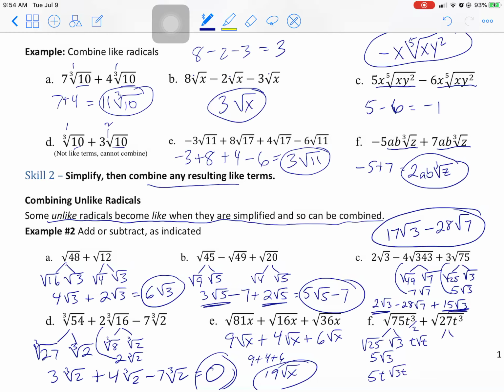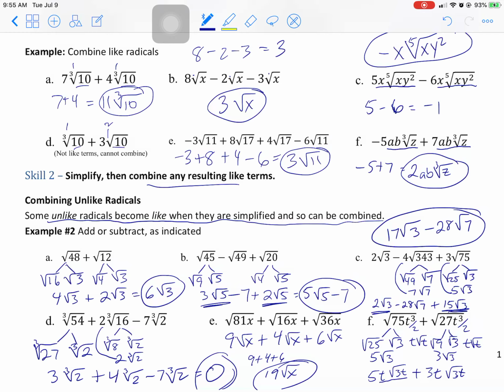All right, this one is square root of 9, square root of 3, 3 square root of 3. The t's, this is going to be t square root of t. So this is going to be plus 3t square root of 3t. Oops. That's a t. Sorry.